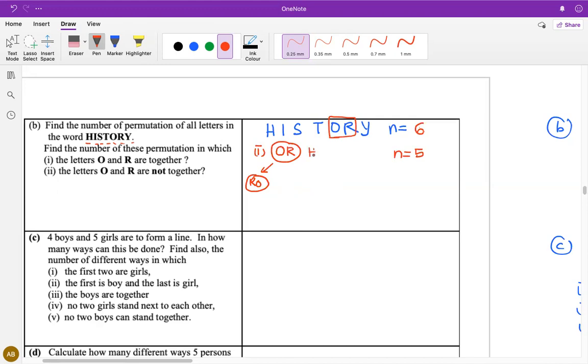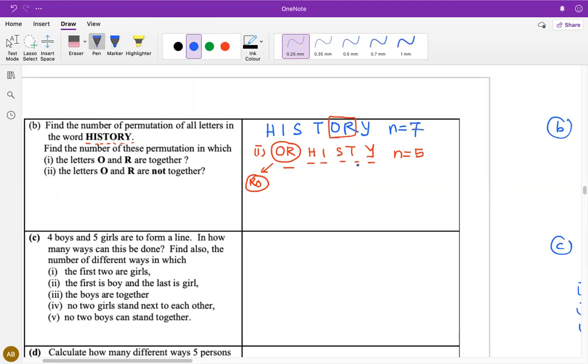So that means H, I, S, T, Y, and the OR block. Let me check again. Sorry, I always count wrongly today.